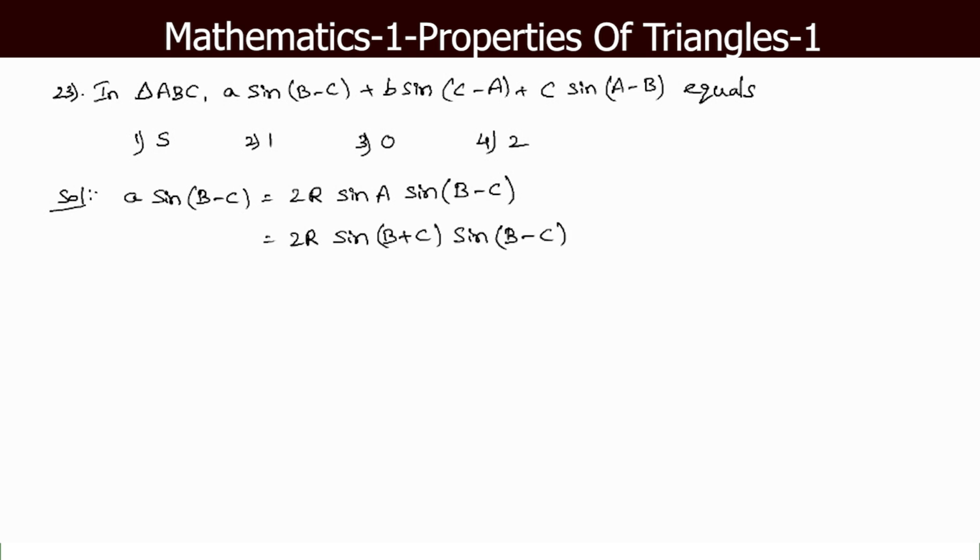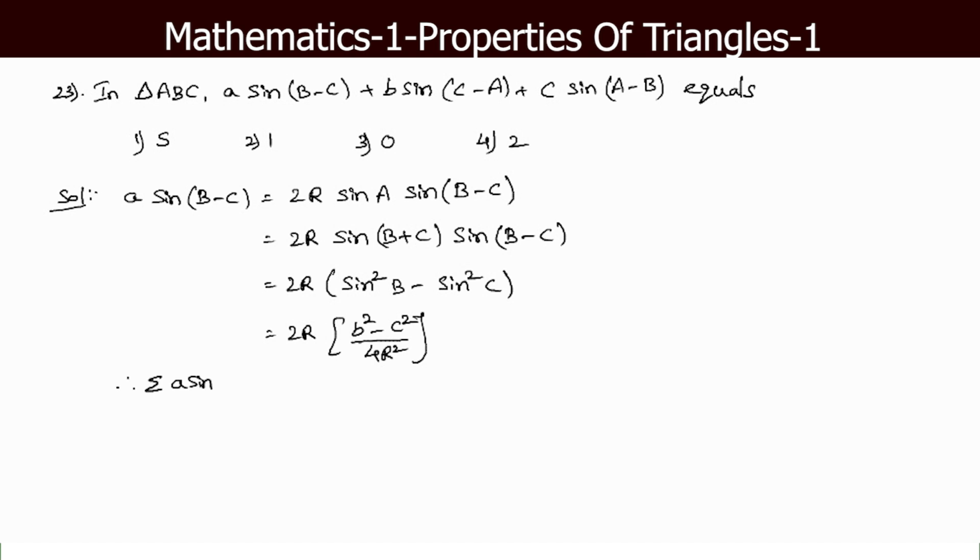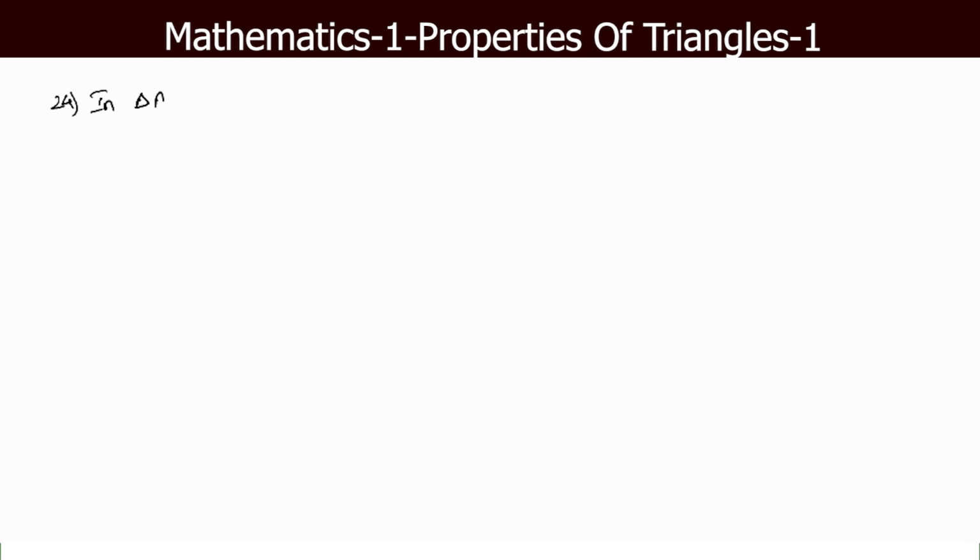So, that is 2R into (sin² B minus sin² C). So, the sum of a sin(B − C) is 1 by 2R into (b² minus c² plus c² minus a² plus a² minus b²), which is equal to 0. So, the correct option is option number 3.